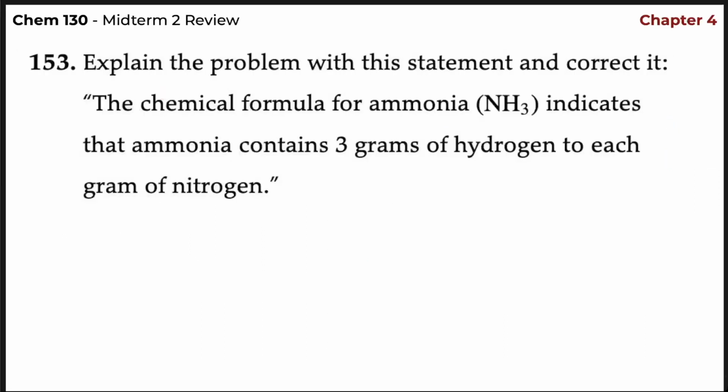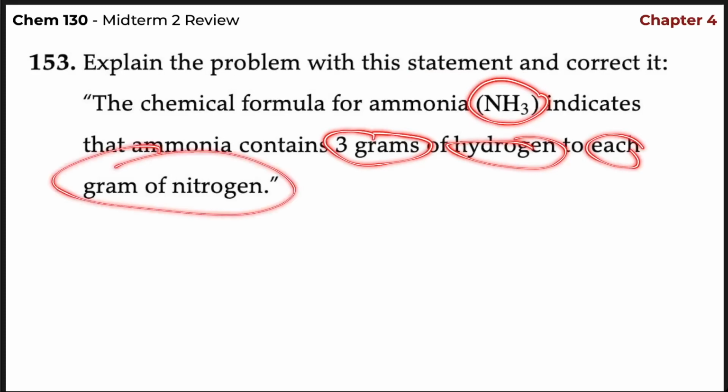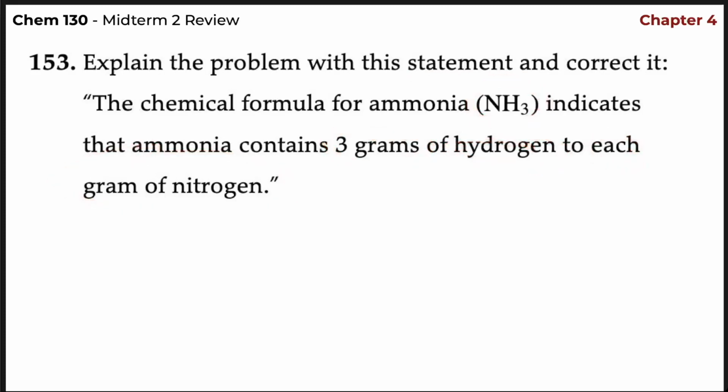All right, and then to end our time, let's end with an easy problem. This is pretty straightforward, and if you've been following the math so far, it should be really easy. We have to correct what the problem is. This says that there's 3 grams of hydrogen for each gram of nitrogen. Why is that wrong? Obviously this isn't talking about mass.